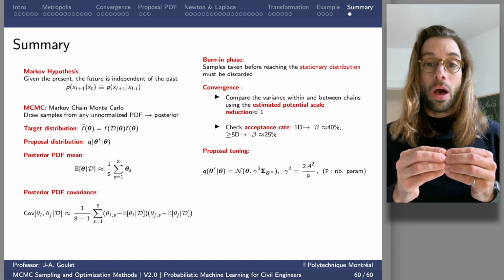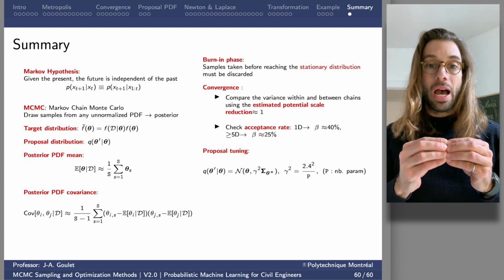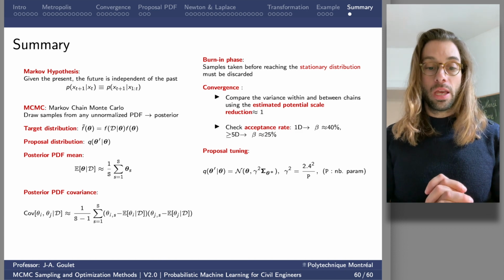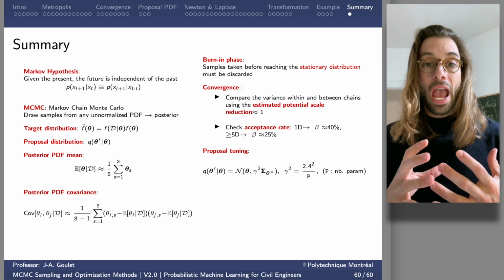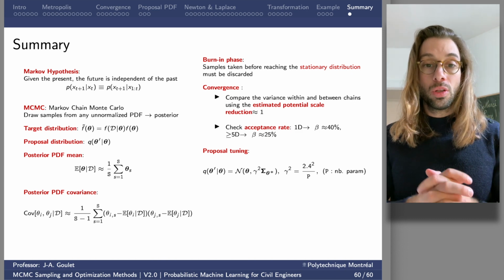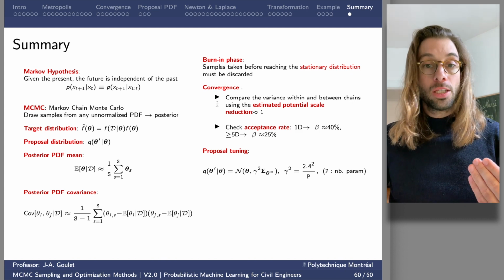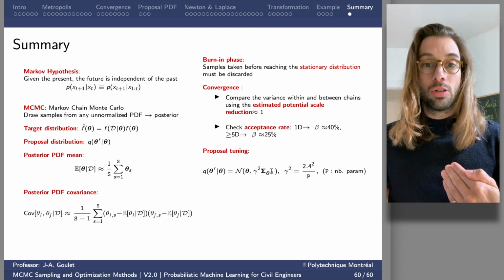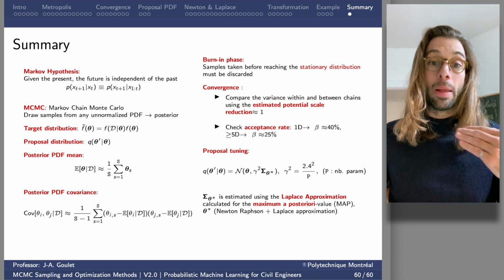So at the end, we've seen as well that the efficiency of our sampling is really a function of how appropriate my proposal function is for the shape of my posterior, okay? And what we saw is the generic way to tune our proposal in a large dimensional domain. It's to assume it's going to be a multivariate normal where my covariance is going to be a scale factor gamma squared, given by 2.4 squared divided by p, my number of parameters, times sigma, where this is going to be my covariance matrix, evaluated using the Laplace approximation.